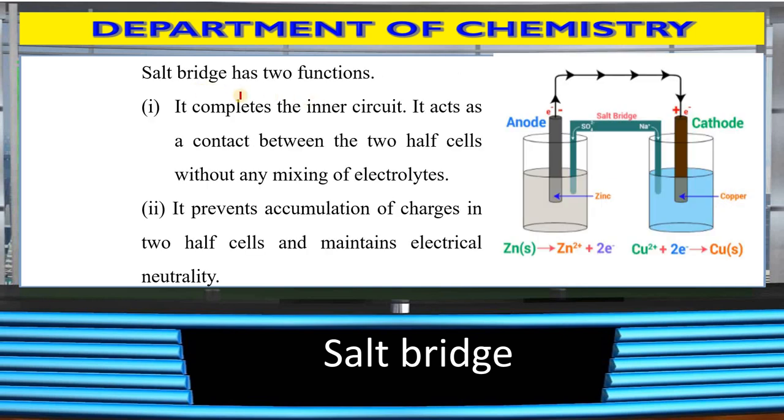Now the salt bridge has two main functions. First, it completes the inner circuit and it acts as a contact between the half cells without any mixing of the electrolytic solutions.